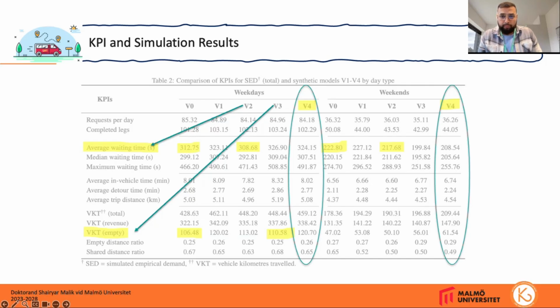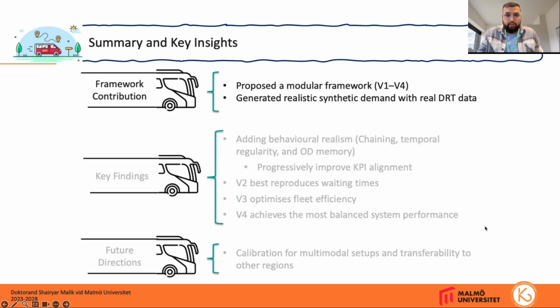So in short, as we add behavioral realism, both passenger and system-level metrics progressively align with the real operations. So let's go to the summary, what it means for future modeling.